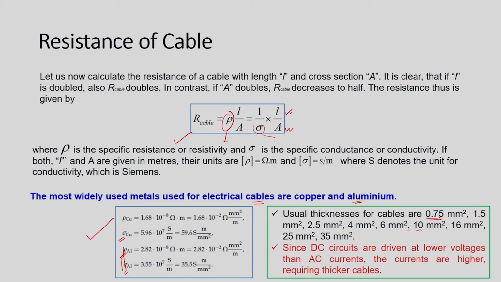One very important observation is that since DC circuits are driven at lower voltages than AC, the currents are higher, requiring thicker cables. So you should keep in mind, for DC we need thicker cables.